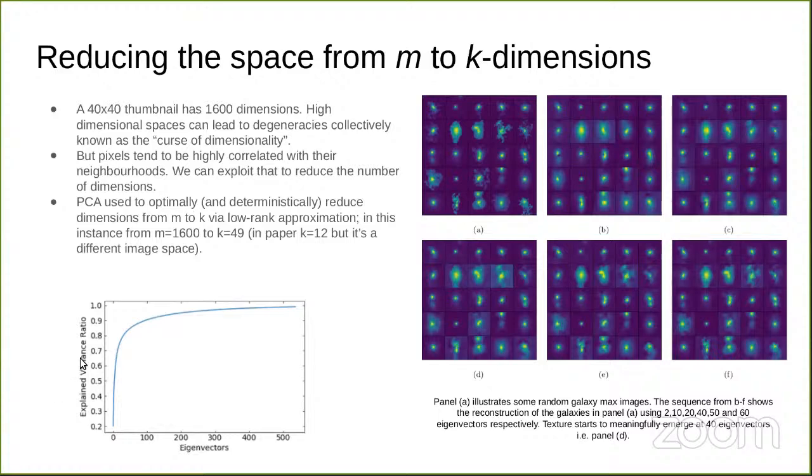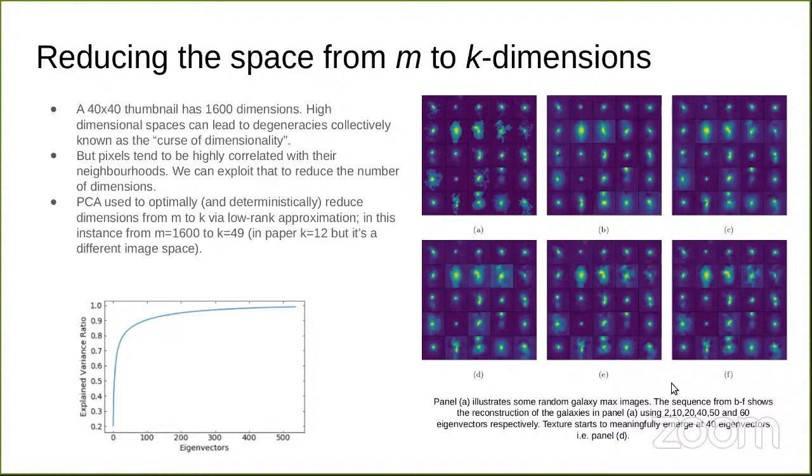Down here, I've drawn a diagram of the number of eigenvectors you have to retain in PCA in order to account for different amounts of variance in this particular model. And here I've drawn some pictures to show how retaining 2, 10, 20, 40, 50, 60 eigenvectors respectively affects the reconstruction of the original image.